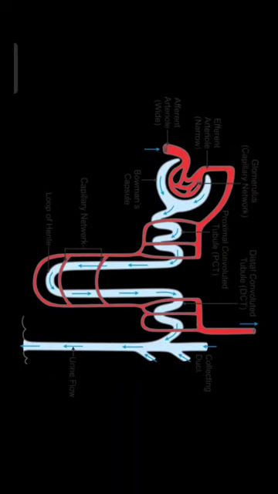Let's see the mechanism of formation of urine. The first step is glomerular filtration. In glomerular filtration, the blood is filtered. The amount of filtrate formed is called the glomerular filtration rate, and the normal GFR is about 125 ml per minute. The second step is tubular reabsorption.